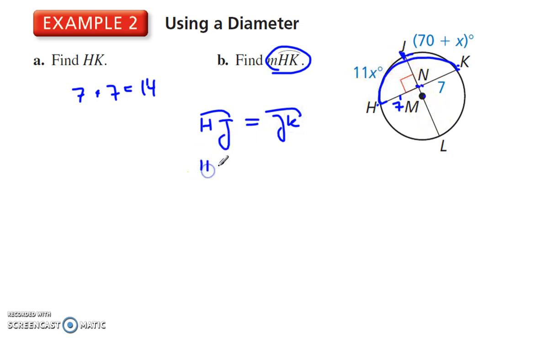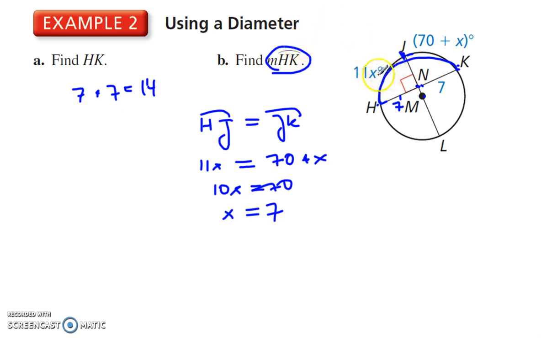All right, and so we have 11x is equal to 70 plus x. We'll subtract x. 10x is 70. X equals 7.